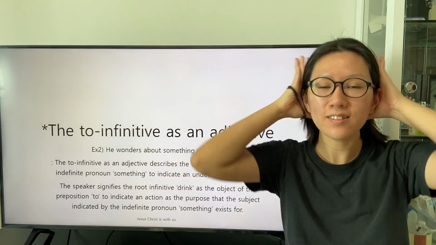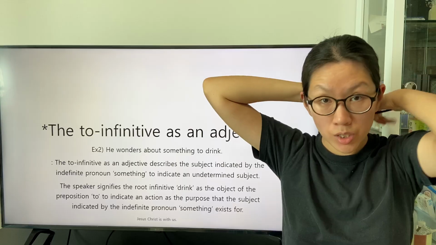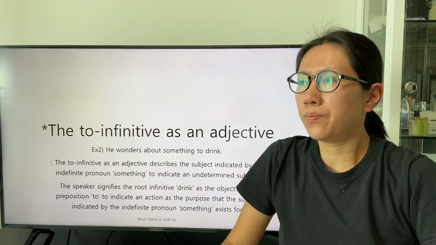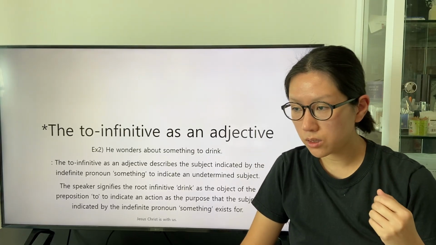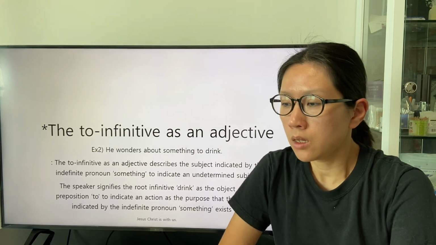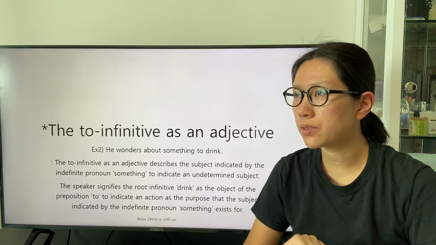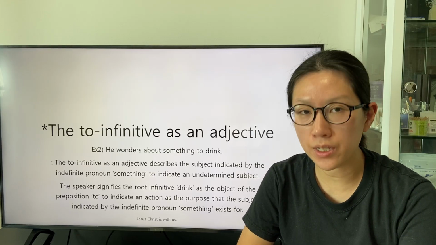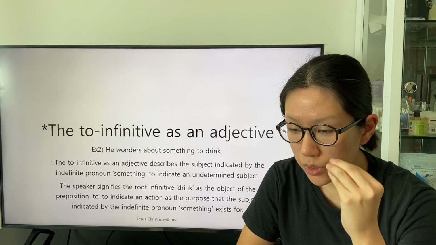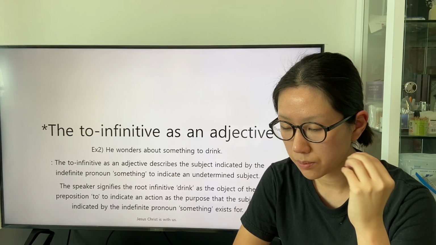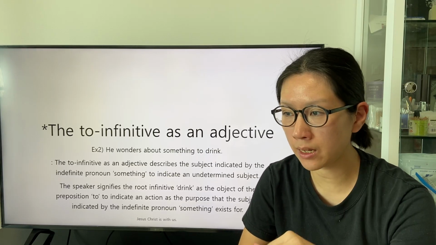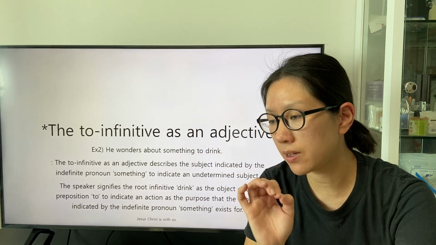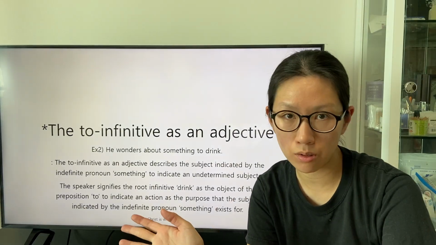Good afternoon. Today we will continue to study the third sort of adverb, that is, the to infinitive. Previously we studied the to infinitive whose trait is yet to be determined before the to infinitive is applied in a clause.